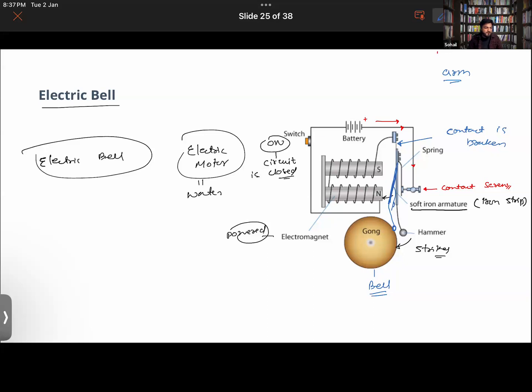Let's say I have two devices. For example, a device that consumes lots of energy, like an electric heater of 2000 watts.